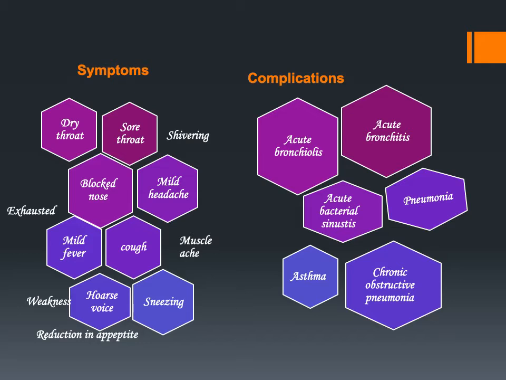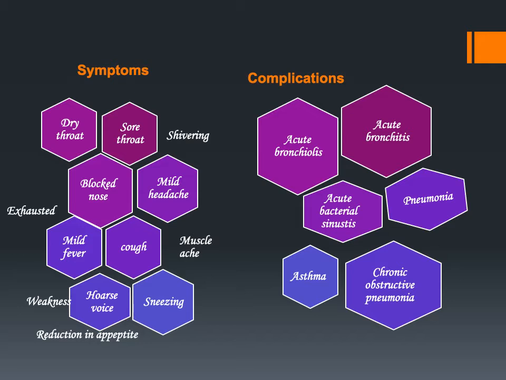The different complications are acute bronchitis, maybe pneumonia or chronic pneumonia, asthma, acute bacterial sinusitis, and so on. If there is any secondary inflammation and the upper respiratory system is infected, then it passes to the lower respiratory system.